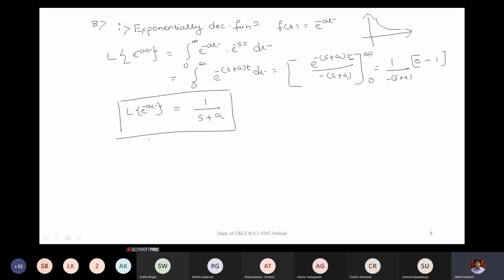Getting this, everyone? Yes, sir. So similarly, can you calculate the exponentially increasing function, that is f of t equal to e to the power at? Let me know.